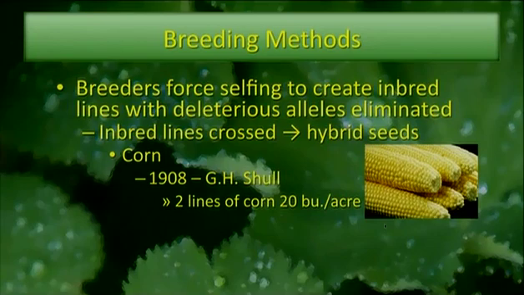He bred these 2 lines together, and the hybrid produced 80 bushels of corn per acre on average. So you had a 4-fold increase in yield. This is something people can do with plant breeding.